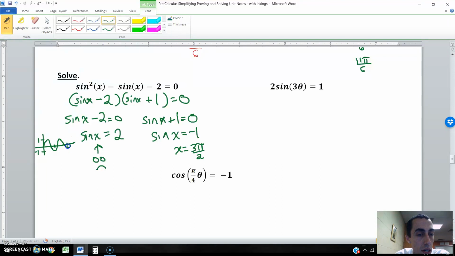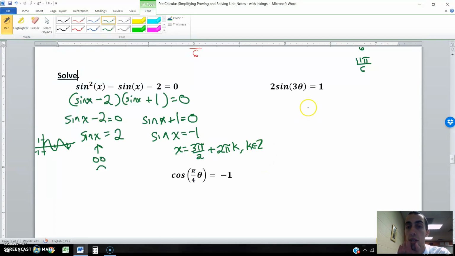It has a period of 2 pi, and so it's going to hit a -1 here, and then farther down, etc. It's going to hit that angle at every multiple of 2 pi after 3 pi over 2. Because remember, the period is 2 pi. So we need to add on every multiple of 2 pi where k is an integer.